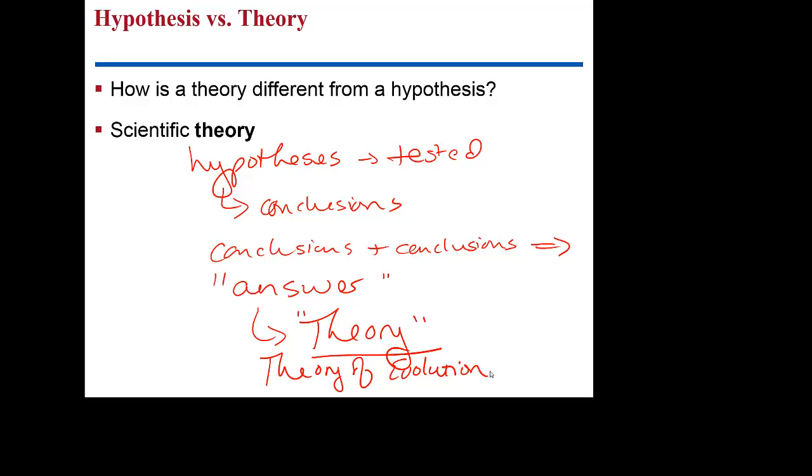And we can talk about how it is tested and how we have different answers from different tests and so on. And we can also talk about things like the theory of gravity. But we're not in physics, so we'll stick with theory of evolution and other biological-based terms so far.